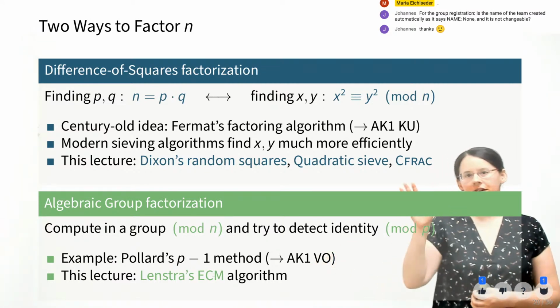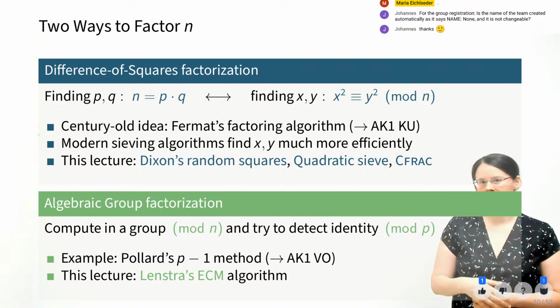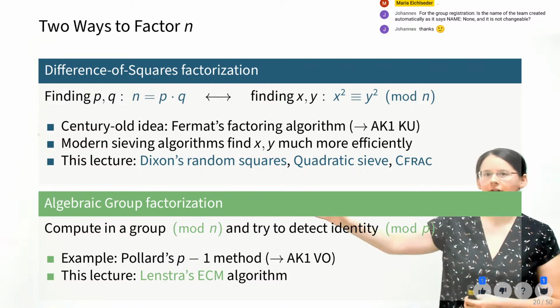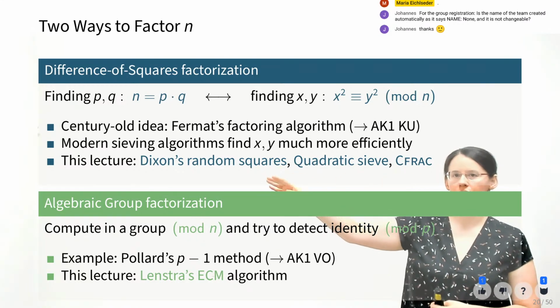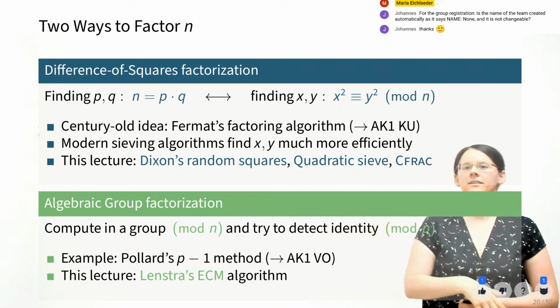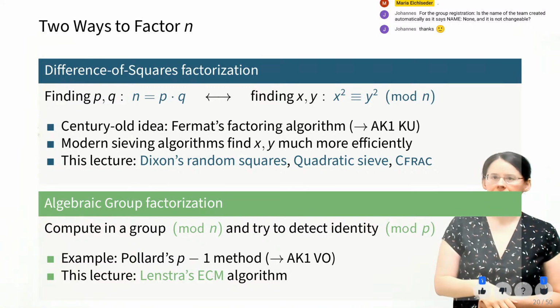And we're going to see three members of the family in the lecture today. So first, a very simple concept that all of the others also build on, and then the central sieving idea.